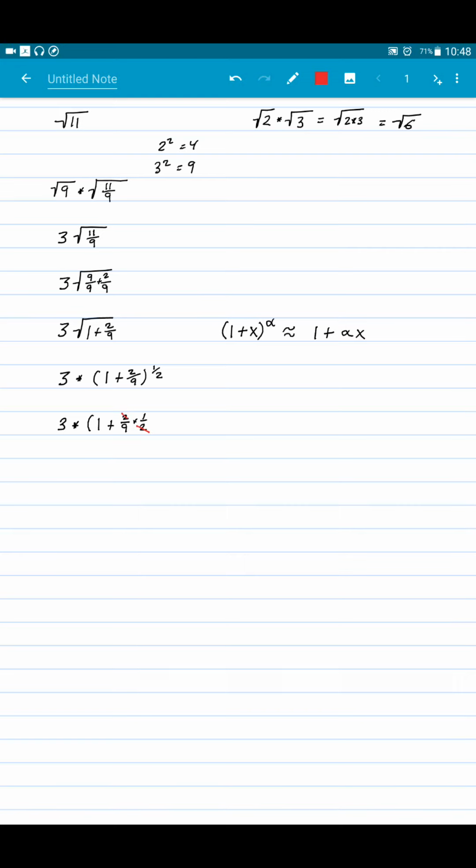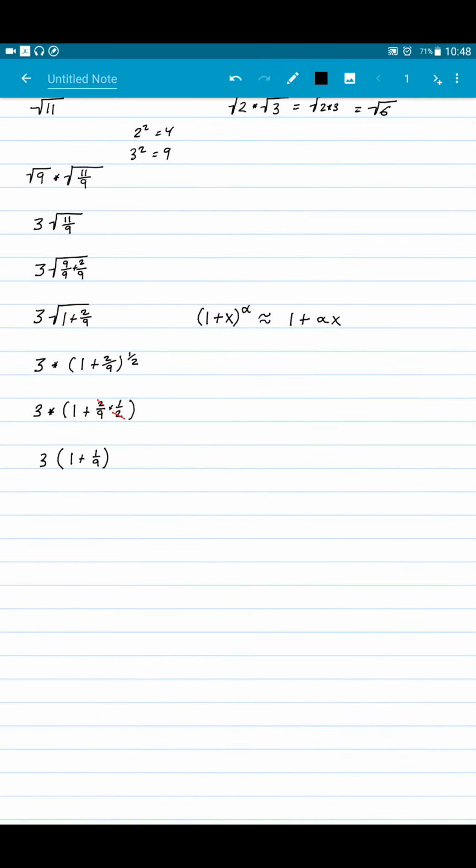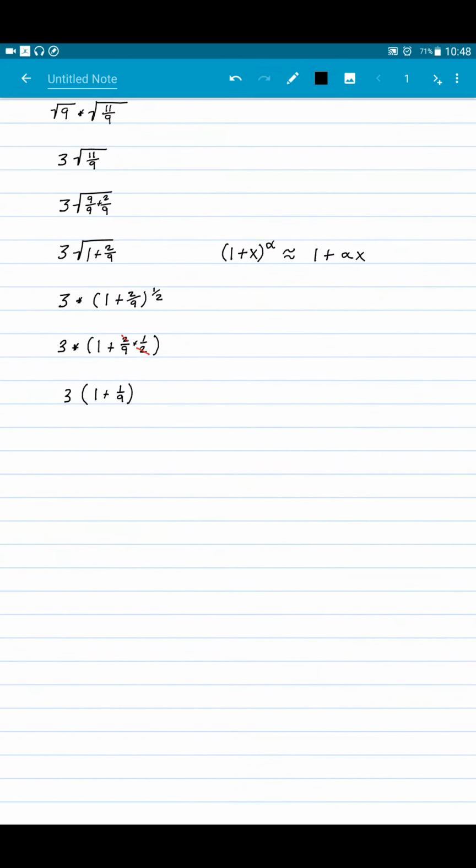And we're left with 3 times 1 plus 1 over 9. So we multiply these through, and you have 3 plus 3 over 9, which is 3 plus 1/3.